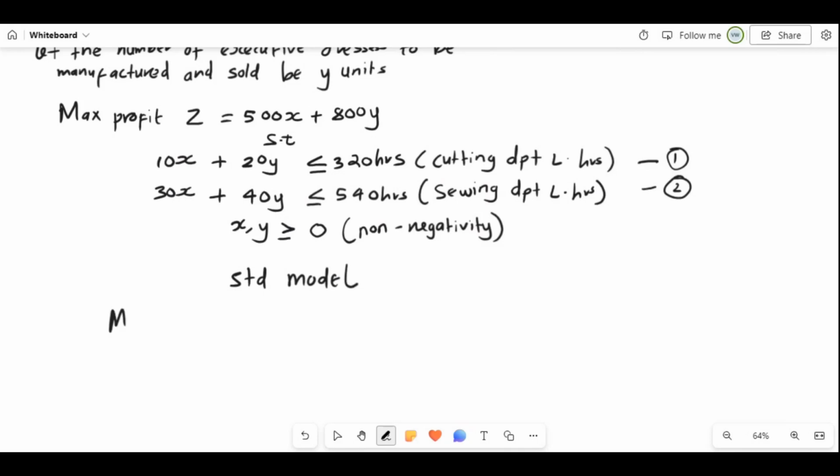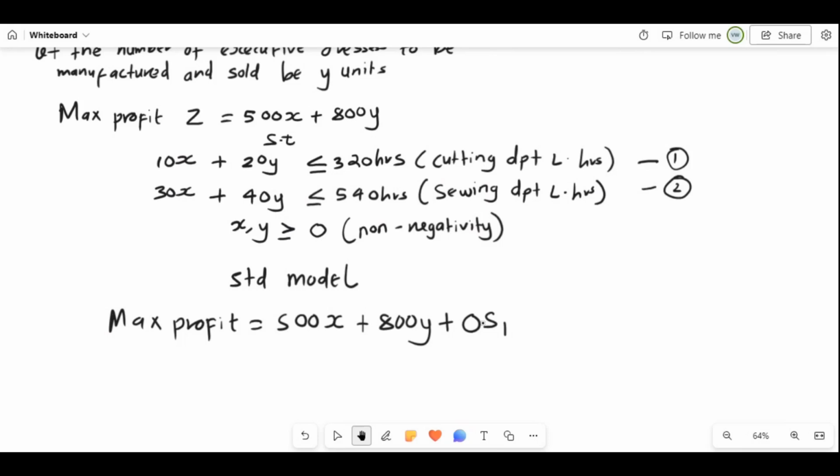So that allow the maximum profit will be equal to 500x plus 800y. But because I have two slack variables to introduce, I'll say 0s1. And I'm assigning it coefficient of 0 because we are saying that the slacks do not contribute to maximization.